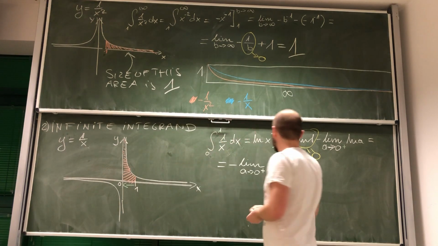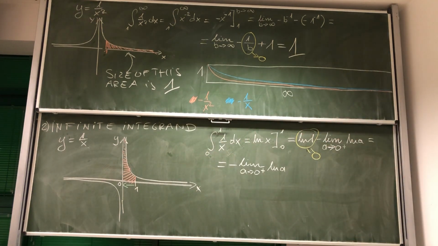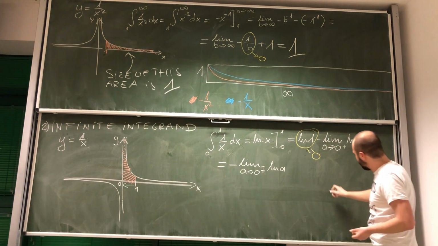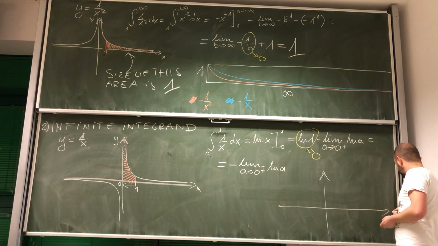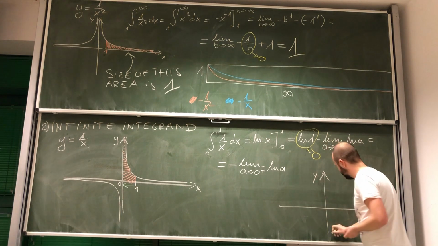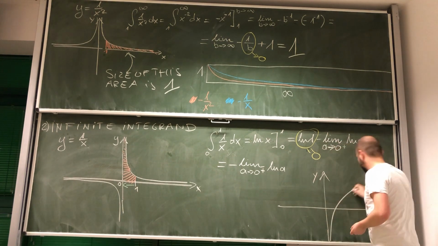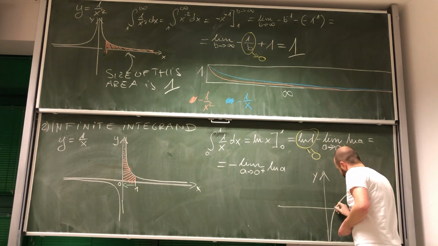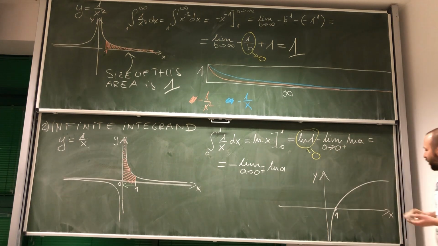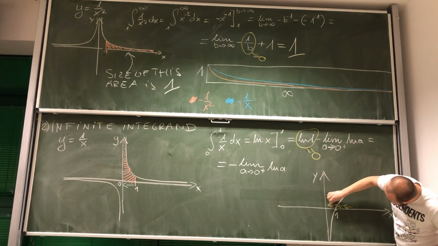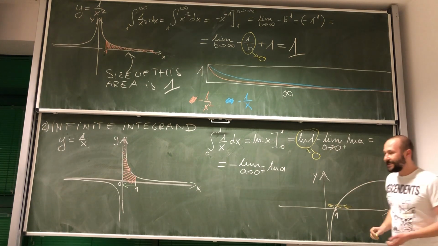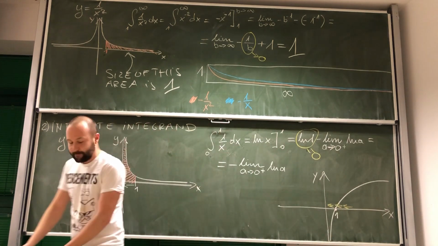Again, let's see how the natural logarithm of x looks like. And what do we see on this graph? As x is getting closer and closer to 0, what is happening to y?